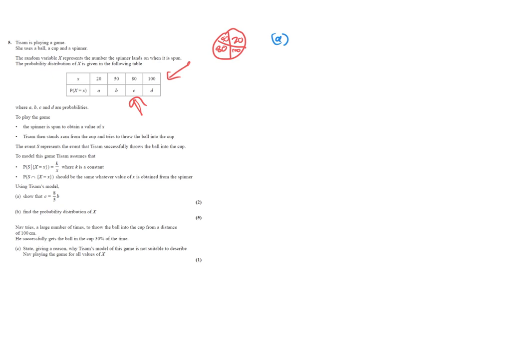Show that C is 8 over 5 B. So B and C are for the 50 and the 80, aren't they? So the probability of success and rolling the 50, if you like, is the same as success at throwing and rolling an 80.